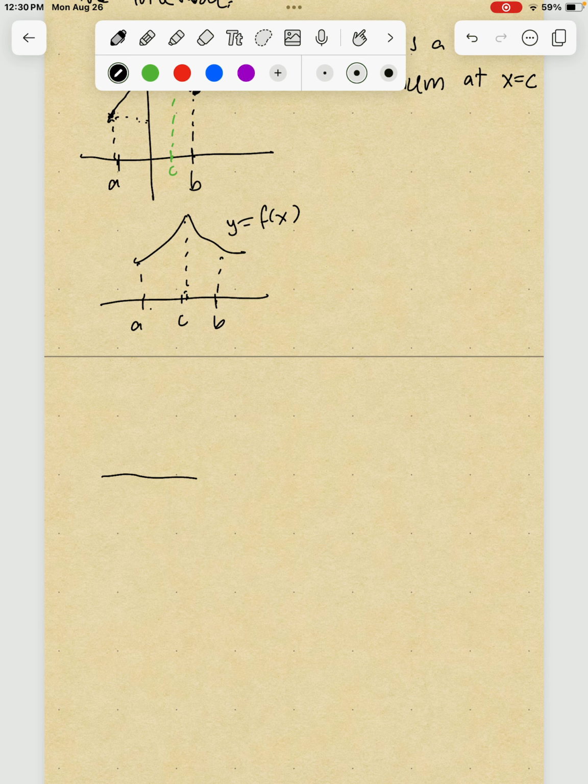On the other hand, if you had something like this, then there is a local minimum at c. So for this function, there's a local minimum at C, because at some interval slightly to the left and slightly to the right, this value, f of C, is the smallest y value that's achieved.